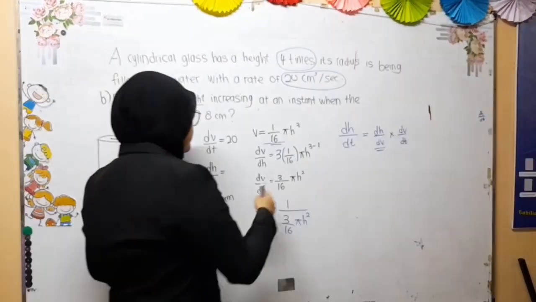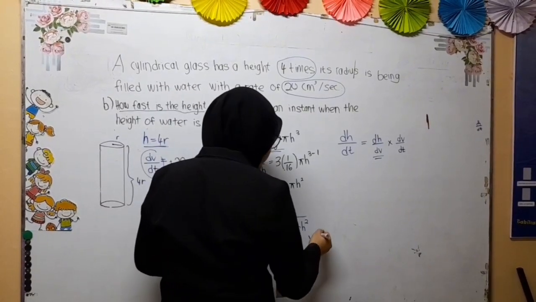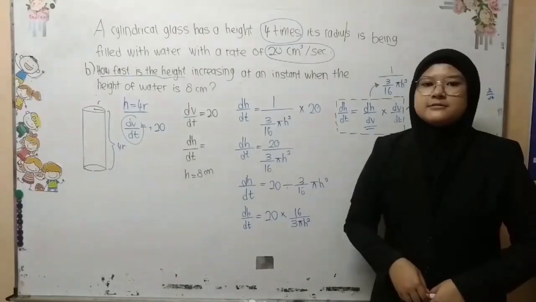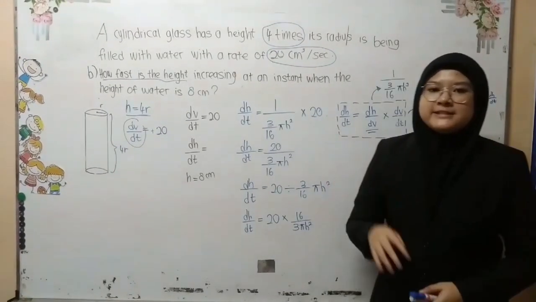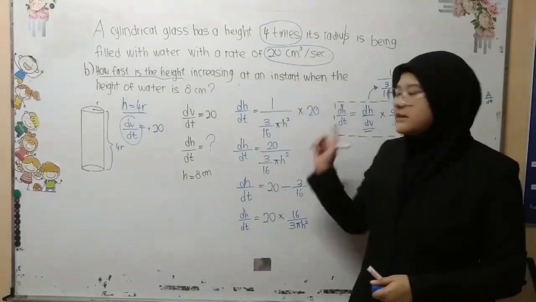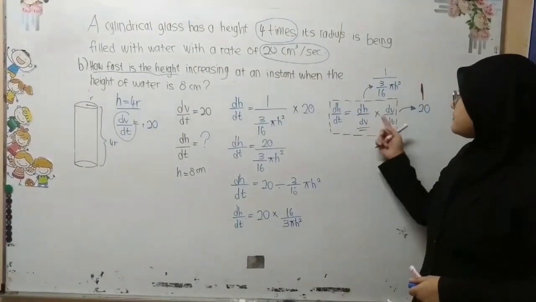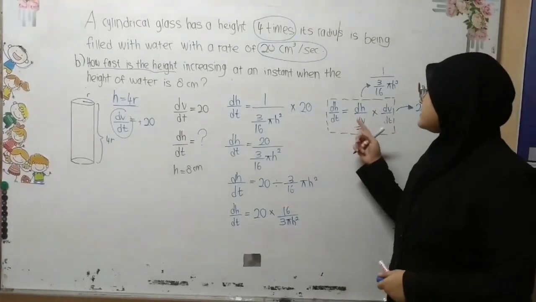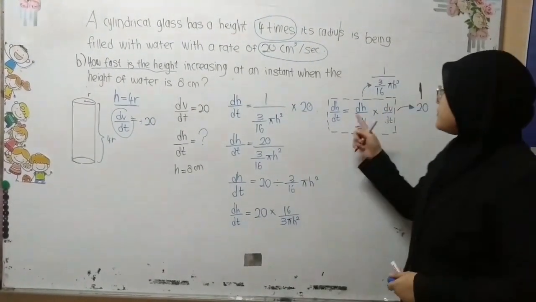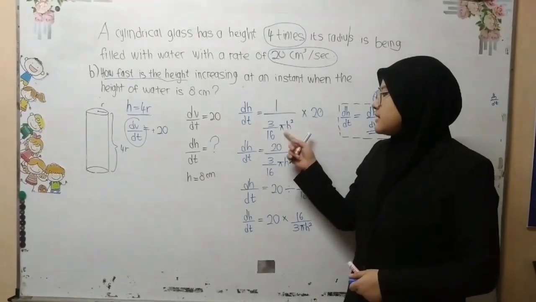We just need to change its position, so dV/dh becomes dh/dV. From the equation, we know that dh/dt is equal to dh/dV times dV/dt. The dh/dV that we just calculated gives 1 over 3/16 times π times h squared.